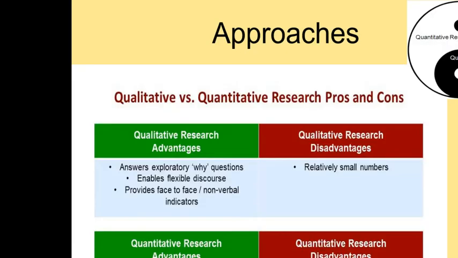Okay, we get two broad approaches to research, which is quantitative and qualitative research. Qualitative research is about going in depth about a phenomenon. So let's say I want to understand how many students are suffering from post-traumatic stress after the protests on campus.